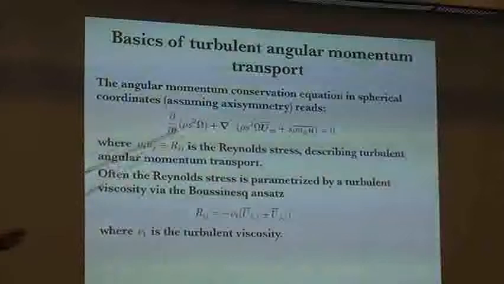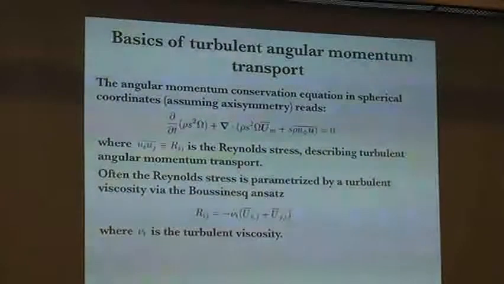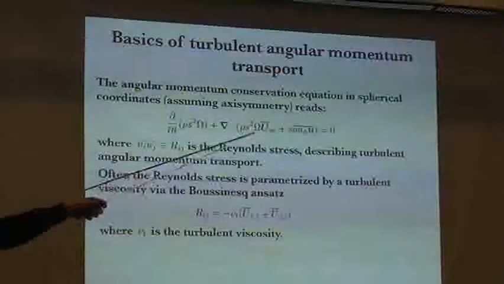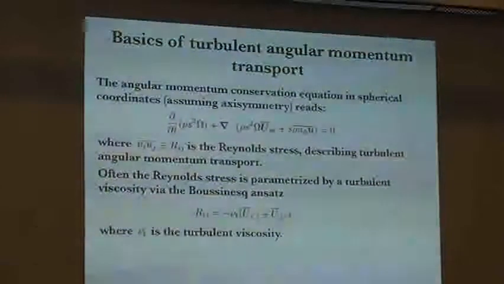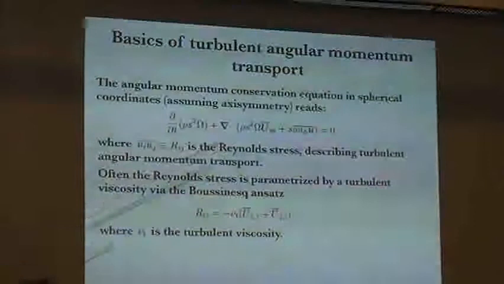You have the angular momentum itself. S here is what's called the lever arm, or the distance from the rotation axis, r times sine theta. And then you have a divergence of flux. First of all, we have the meridional flow here, which can occur because of various different reasons, and this is one of the hidden aspects here.